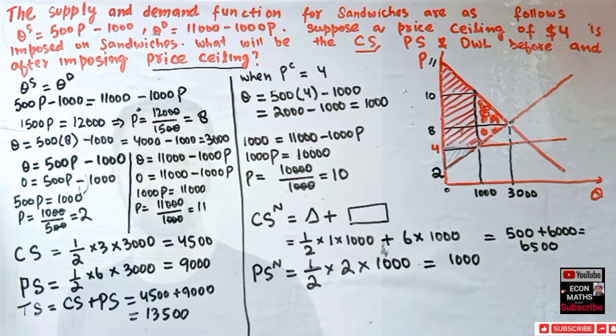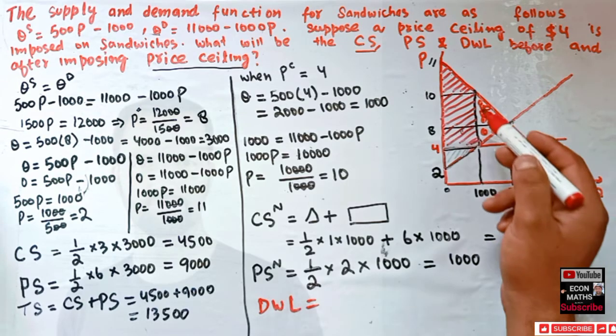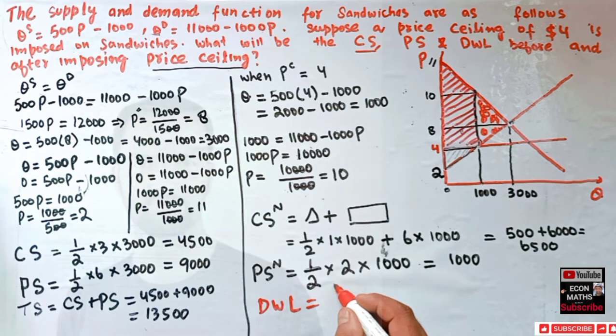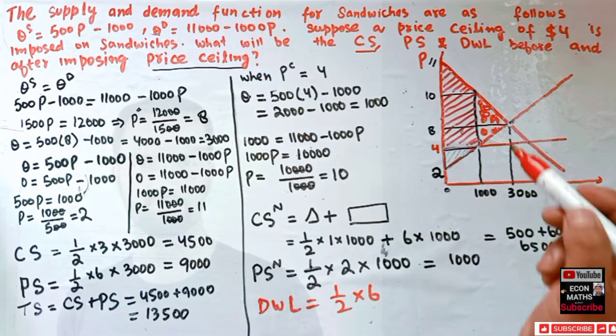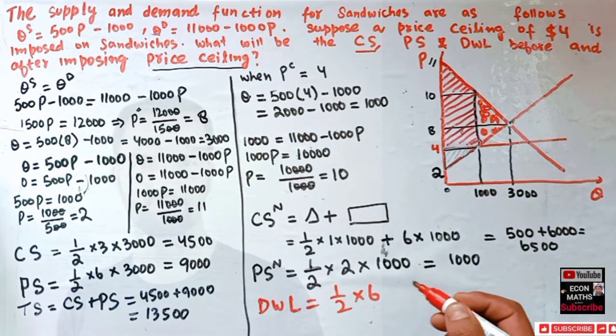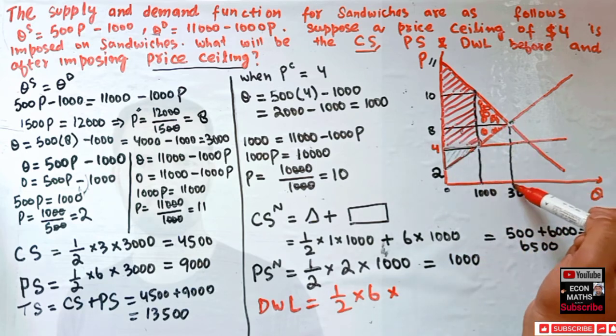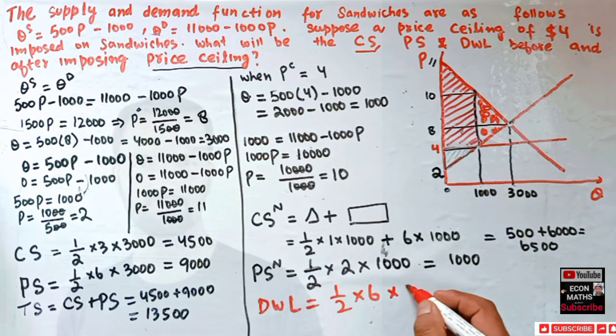This triangle is the deadweight loss, and it is caused when demand and supply are not at equilibrium. So our deadweight loss is equal to the area of this triangle, which is 1/2 of 10 minus 4, which is 6, the base of this triangle, times the height. What is the height? It is 3000 minus 1000, which is 2000.